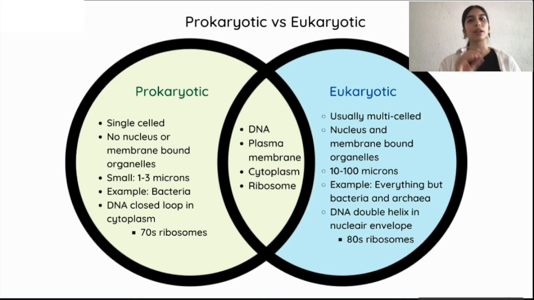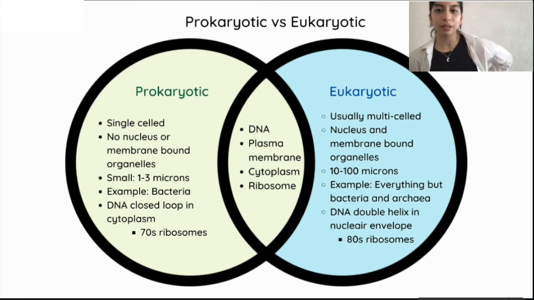Some examples of the prokaryotic cells are bacteria and archaea. And the eukaryotic cells are plants, animals, any living thing except bacteria and archaea. In the prokaryotic cells, the DNA is a closed loop in the cytoplasm, while in the eukaryotic cells, it is a double helix in a nuclear envelope.